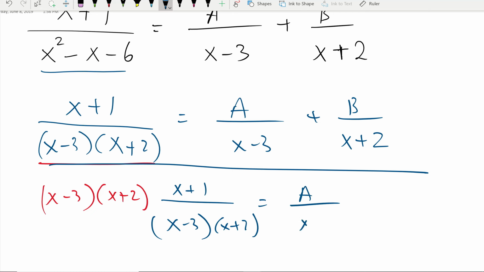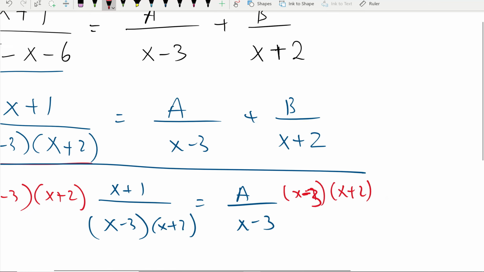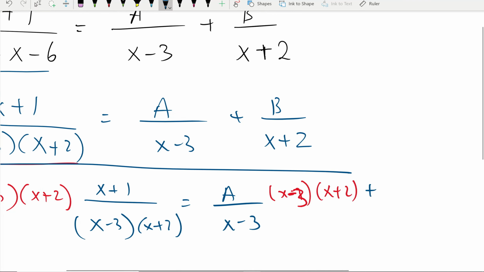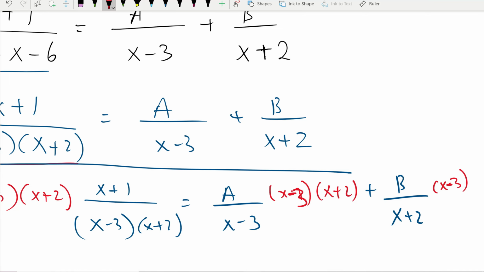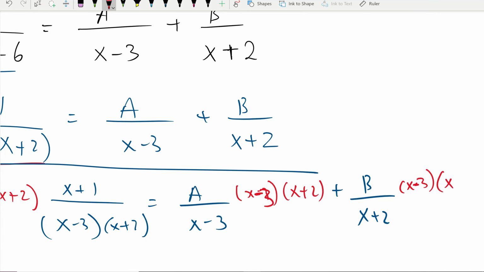So you have A over x minus 3 multiplied by x minus 3 times x plus 2. I'm going to multiply each term, okay? Plus B over x plus 2 times x minus 3 times x plus 2.